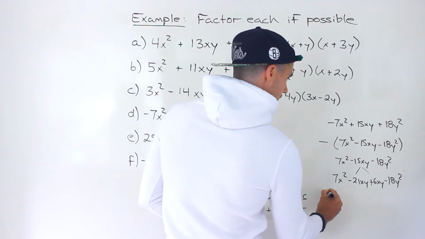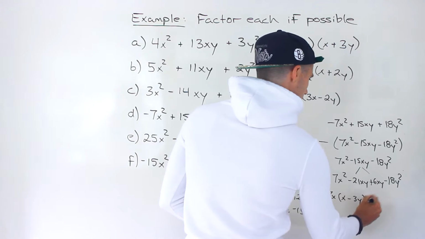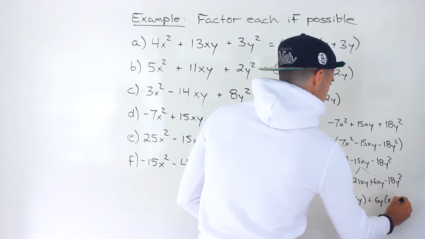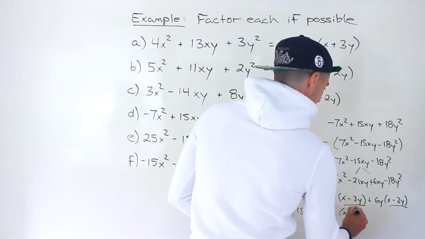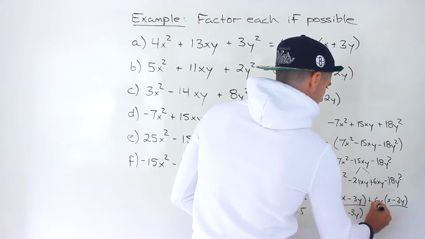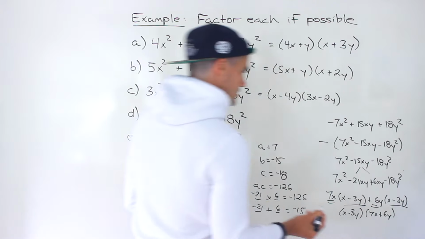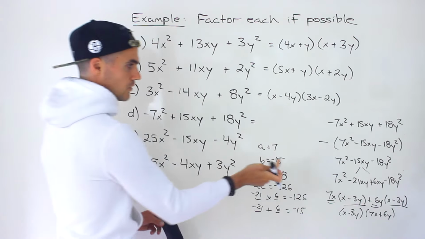From these two, we could take out a 7x, and we'd be left with x minus 3y. And then from these two, we could take out a 6y, and we'd be left with x minus 3y again. And then we could take out that x minus 3y, and we'd be left with 7x plus 6y, like that. So this, don't forget the negative though in front.